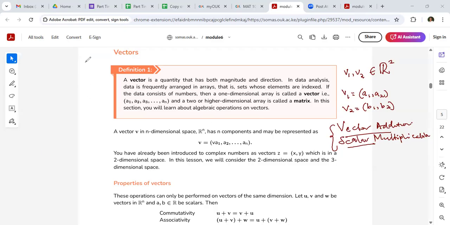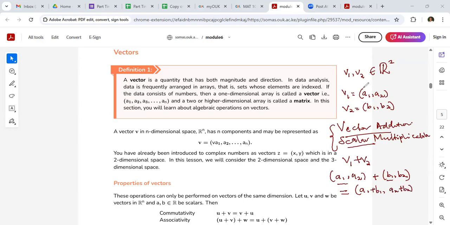If you have these two vectors v1 and v2, and you want to find the sum v1 plus v2, then you consider the elements in the vector and you add corresponding elements that occupy the same position. So the resulting vector here would be a1 plus b1, comma, a2 plus b2.